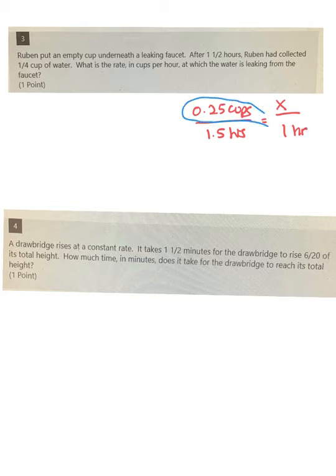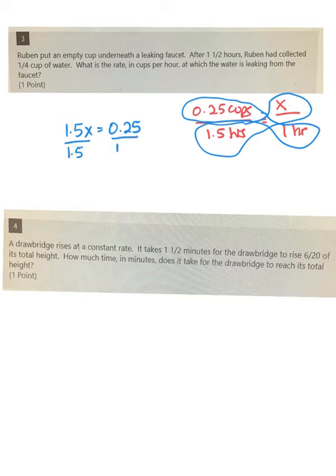So let me show you why it doesn't matter. We're going to use cross products here. Because remember, cross products are equal. 1.5 times x is equal to 0.25 times 1. And to figure out what number we have to multiply times 1.5 to get that answer, we have to divide. And look, that's what we would have done right here.